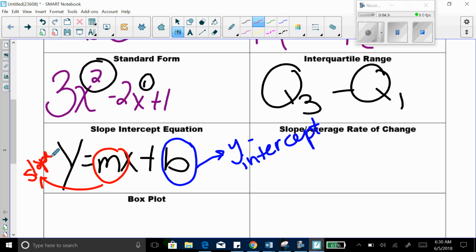We're going to go over in a second what that is. Slope or average rate of change, remember the same thing, is simply your change in your y's over your change in your x. So you subtract your y values over you subtract your x values.